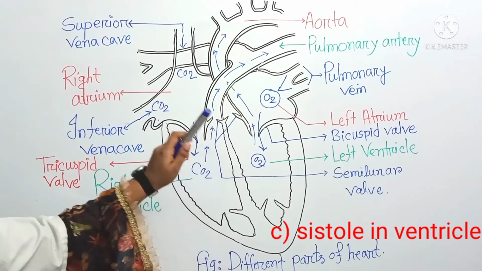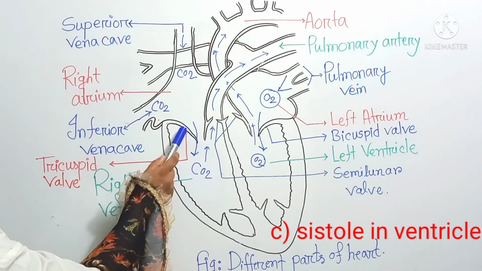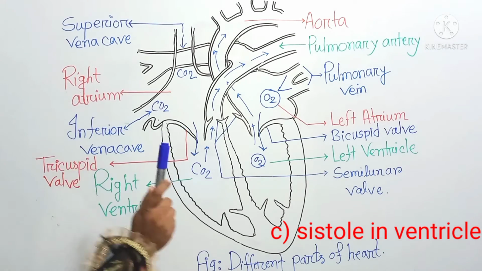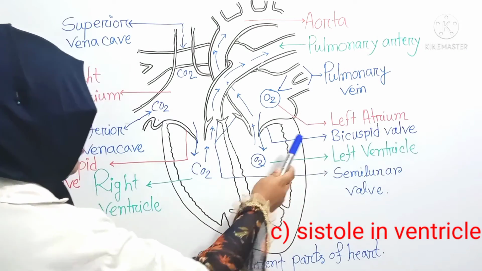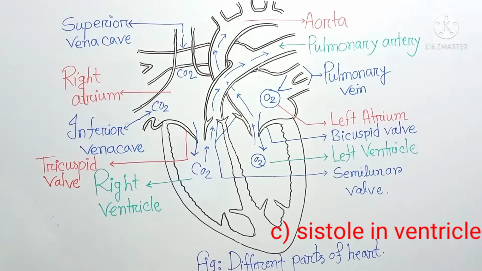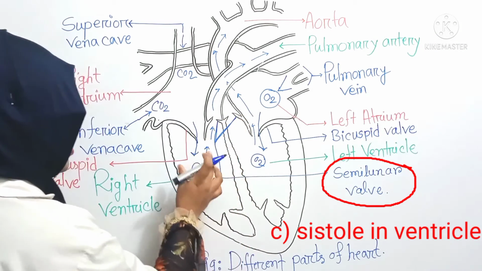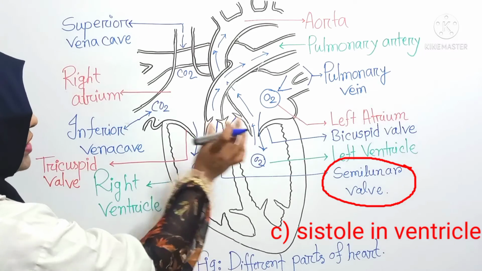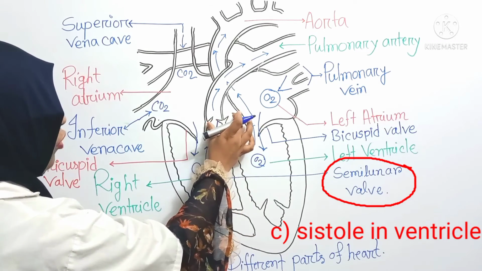At this stage, the tricuspid and bicuspid valves remain closed, as you can see here, and the semilunar valves remain open.